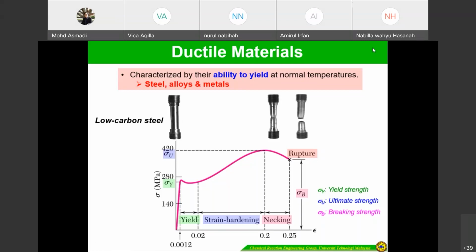So if you look at here, for the ductile materials, for example steel and other alloys, since we characterize the ability to yield, we test with the machines. When we increase the load, we give a load, we pull this one.